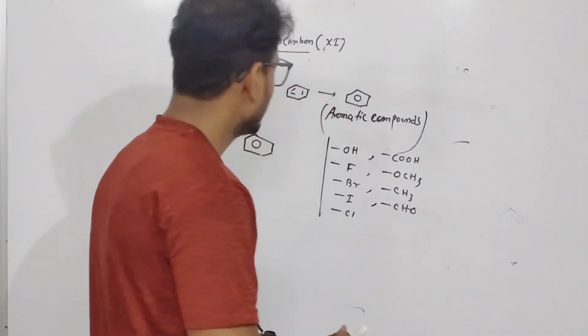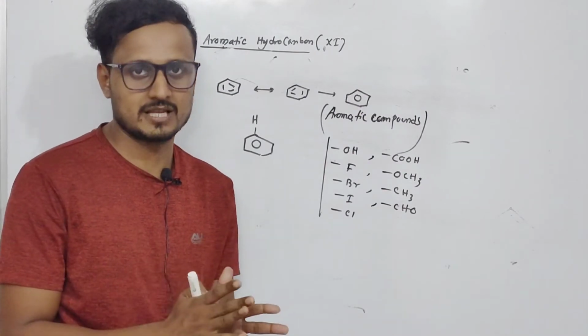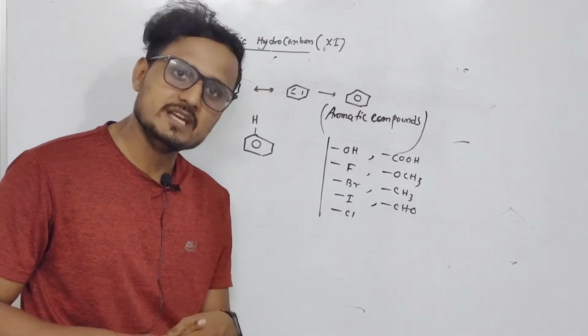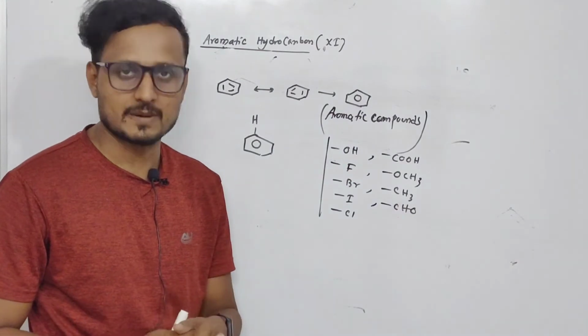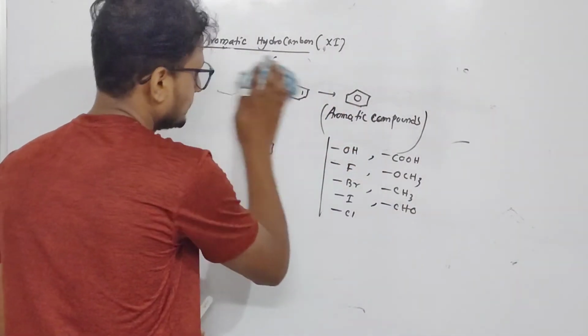Clear? Now if we can memorize or understand those structures, like benzenoid compounds, then it will be easier to progress further in this chapter. Okay, so let us learn those.